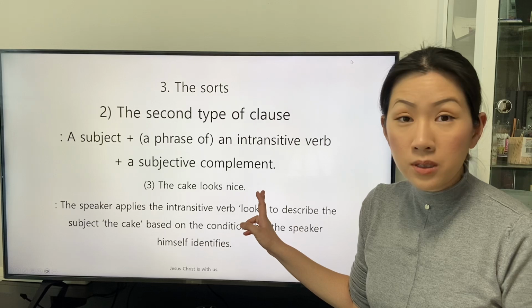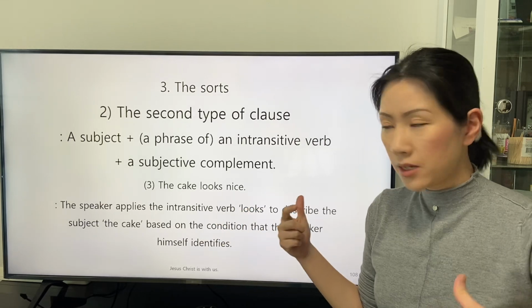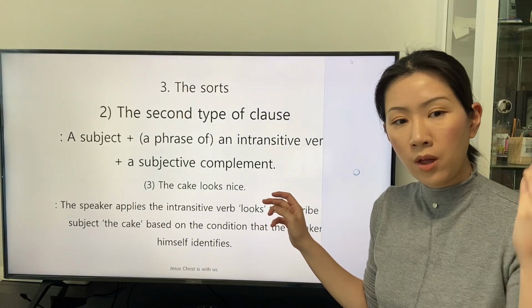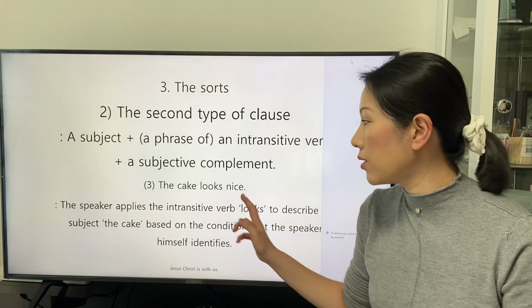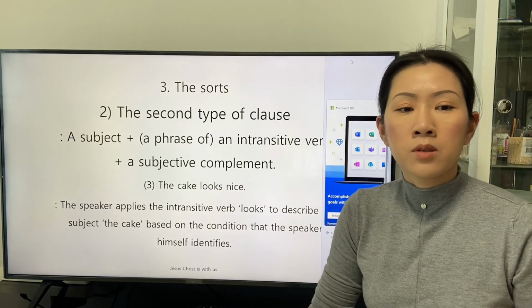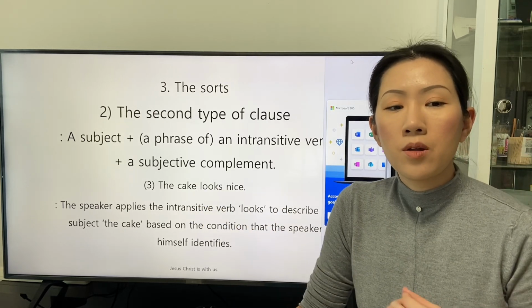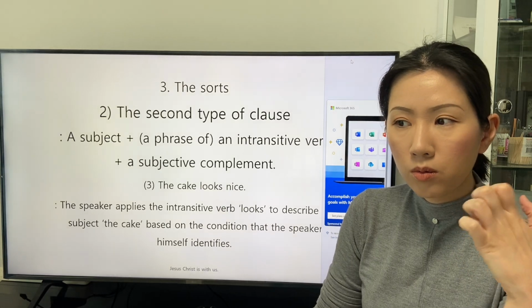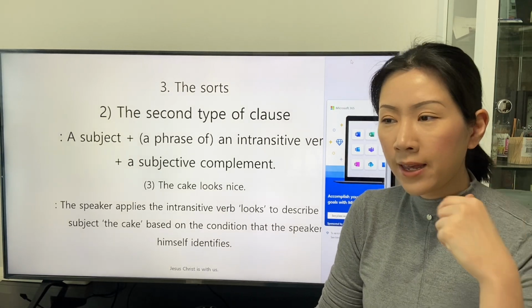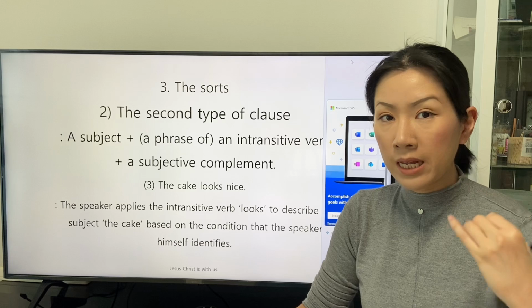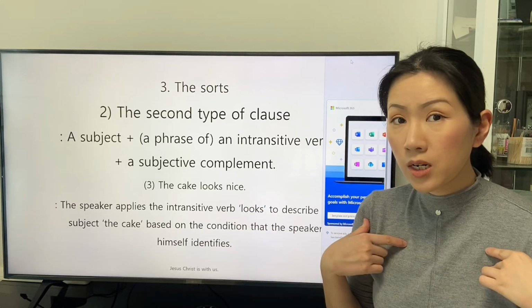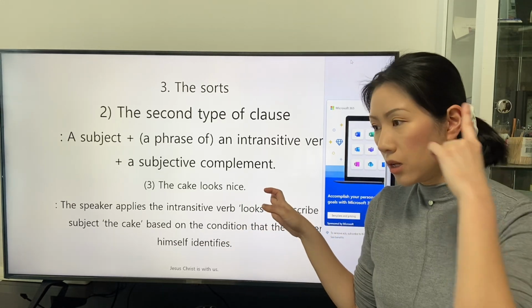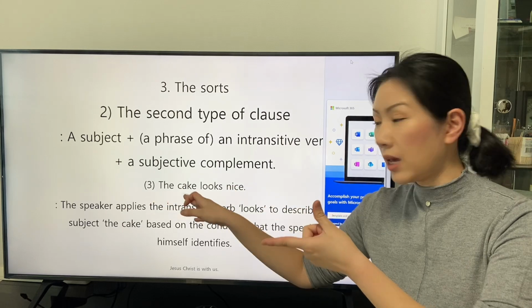The third example is stated in the second type of clause with the intransitive verb look. We can vividly understand that the speaker who states this clause sees the cake.